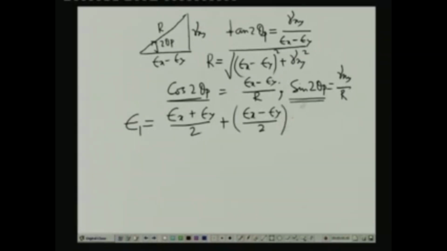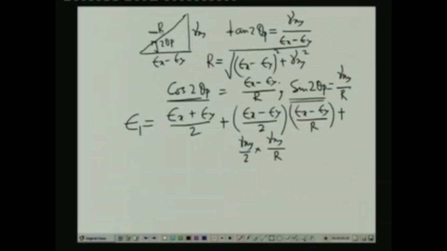In place of cos 2θp, we write (εx − εy)/r plus γxy/2, and in place of sin 2θp, we write γxy/r.